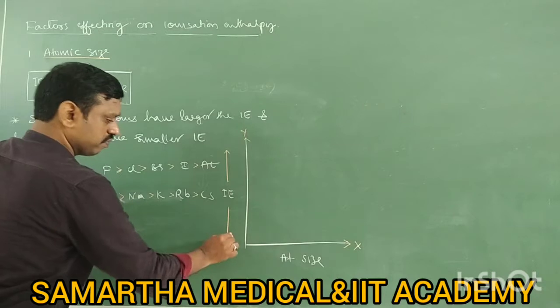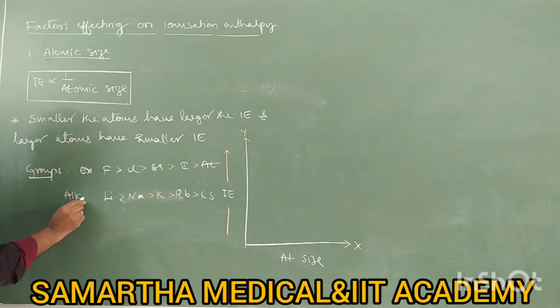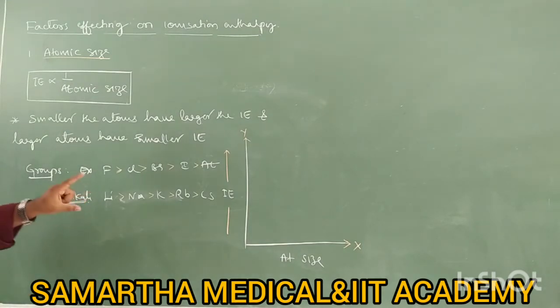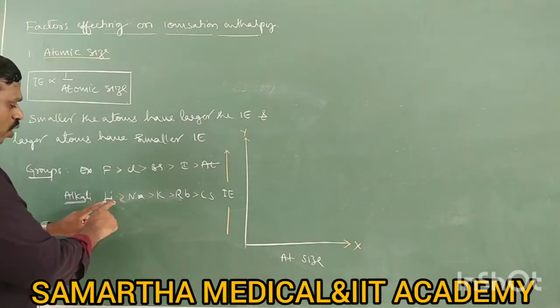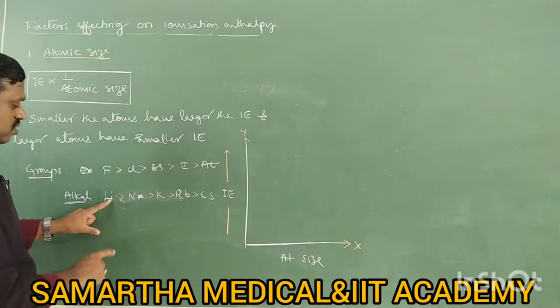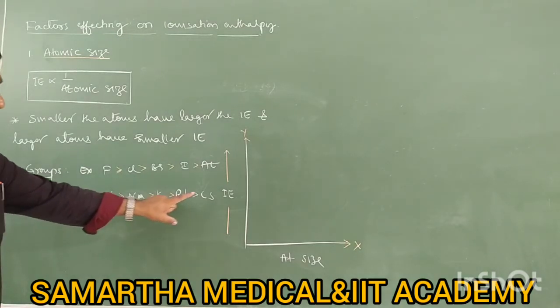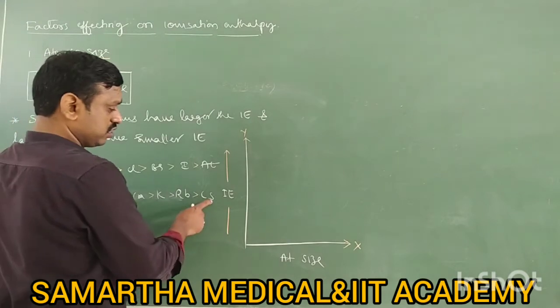Then what is the graph? Take this for alkali metals. The textbook gives the same example for alkali metals. Tell me, in alkali metals which one has the highest and which one the least? Lithium, then sodium, potassium, rubidium, cesium. Which one has the least? Cesium.